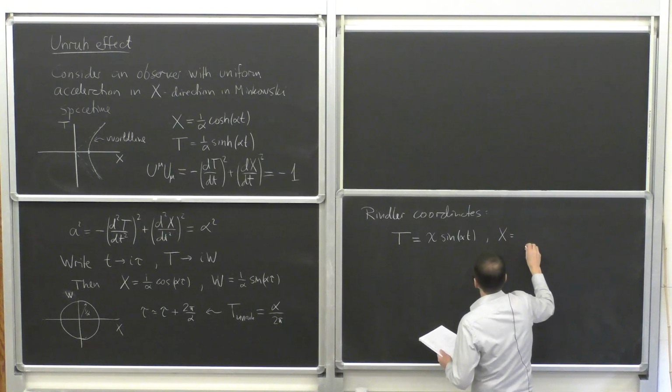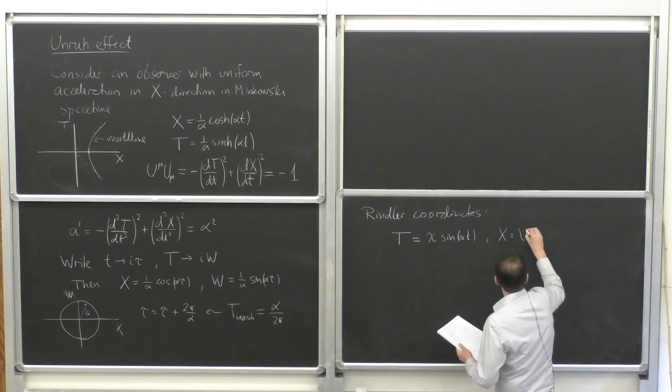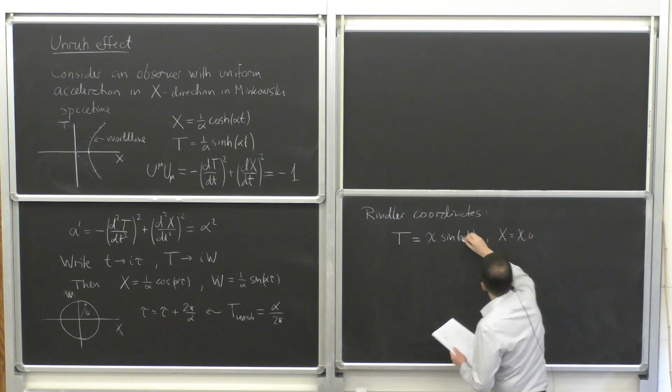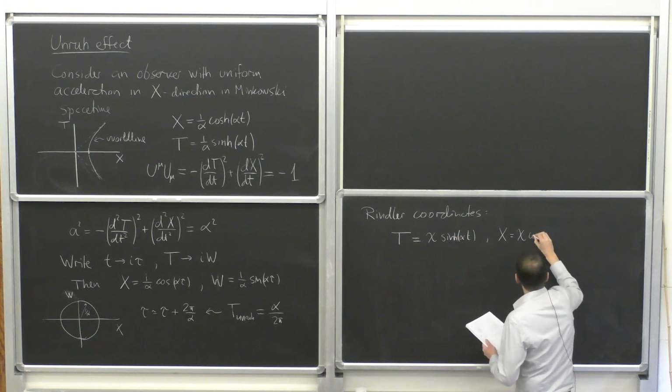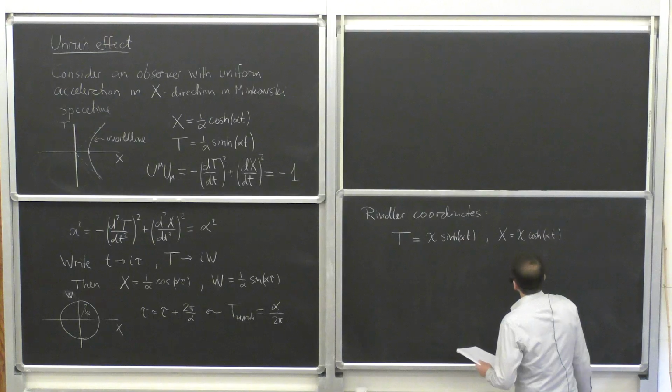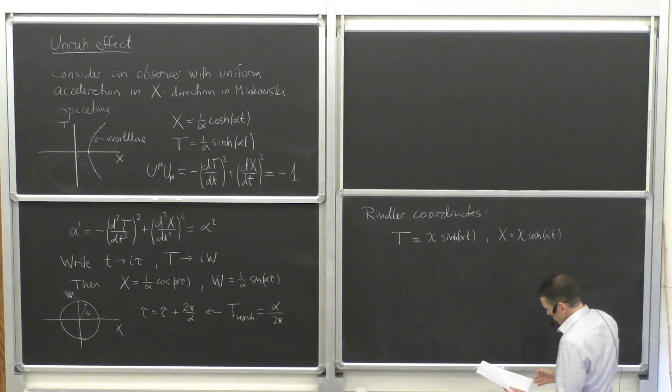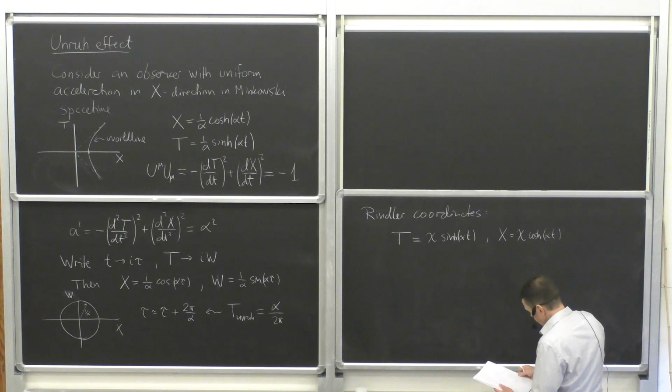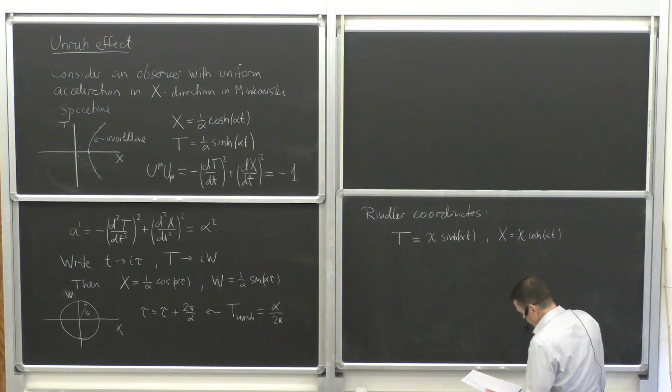X is going to be chi cosh of alpha t, and alpha is just a parameter that I'm free to choose.